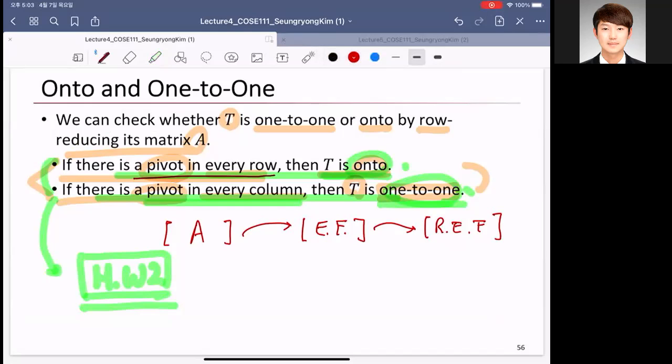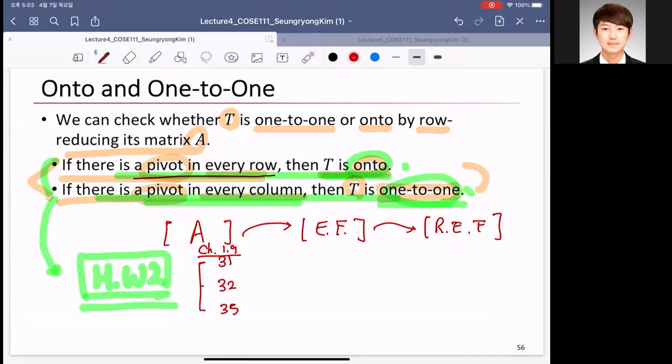In fact, this question is related to problems 31, 32, and 35 in the exercises of chapter 1.9 in your textbook. So this is an additional problem in your homework too.